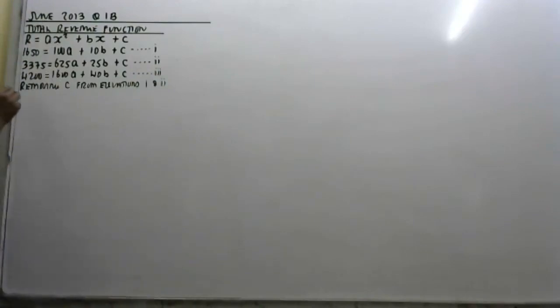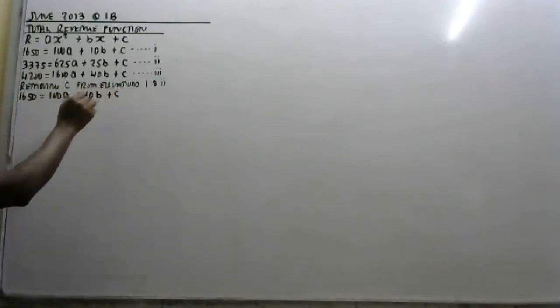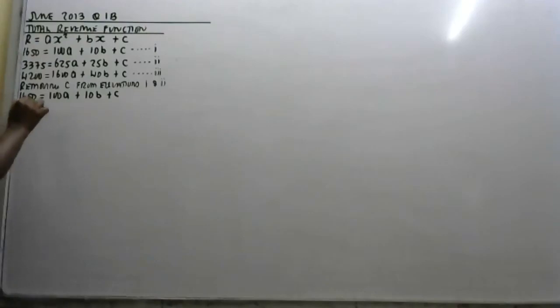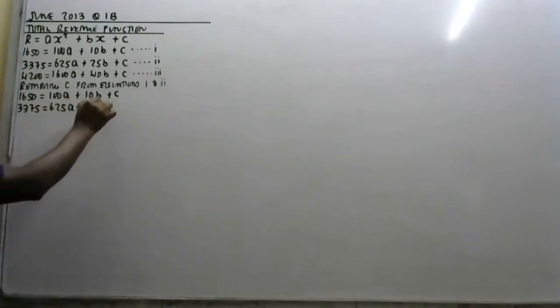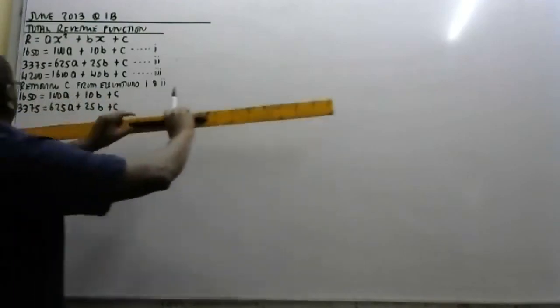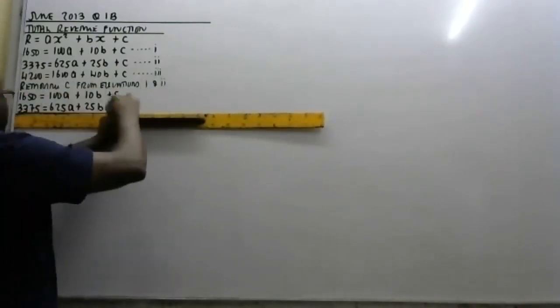I'm going to have 1650 being equal to 100A plus 10B plus C, and 375 being equal to 625A plus 25B plus C. Now these ones we subtract.